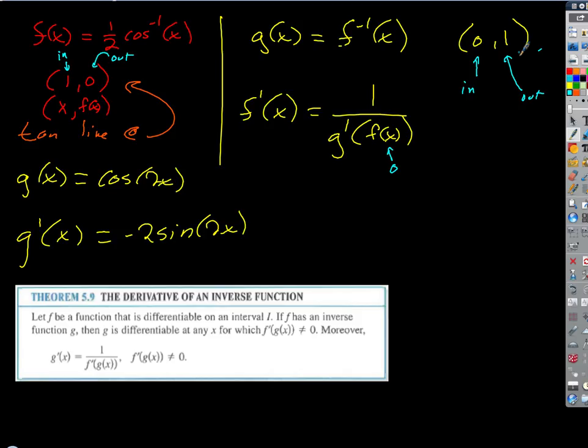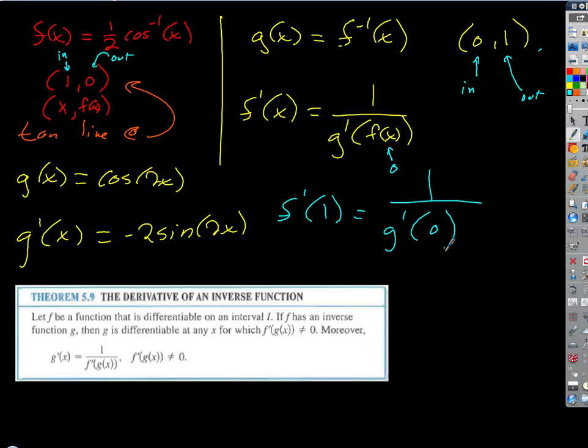So then f prime of 1 is going to equal 1 over g prime of 0. Okay? Well, g prime of 0 is easy for us to calculate. Oh, hang on a second. Wow, so that's going to be a weird one, right?